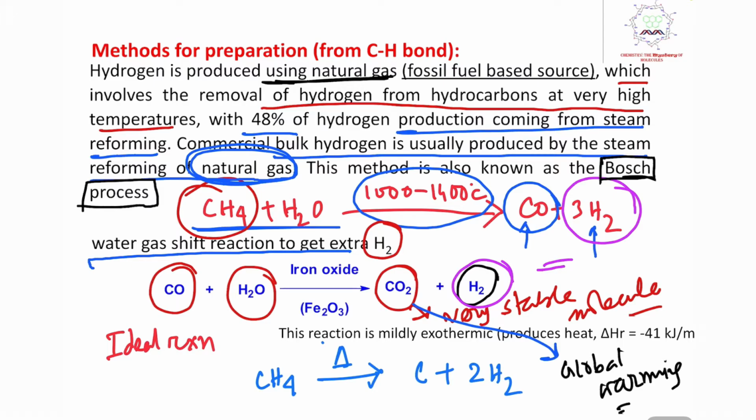So that is the main concern. But what could be the ideal thing or best solution in this context? If we are able to achieve a technology by which we can break methane into carbon and 2 molecules of hydrogen, and store this carbon in some places, that could be the best, but till now this technology is not developed.